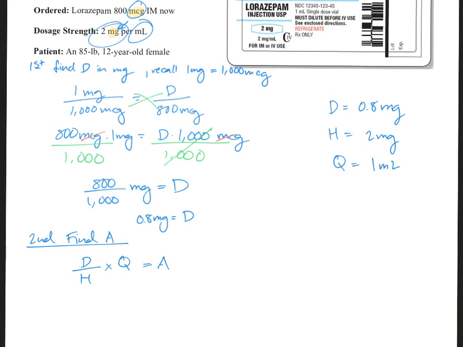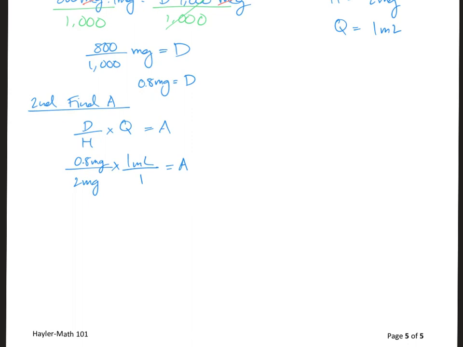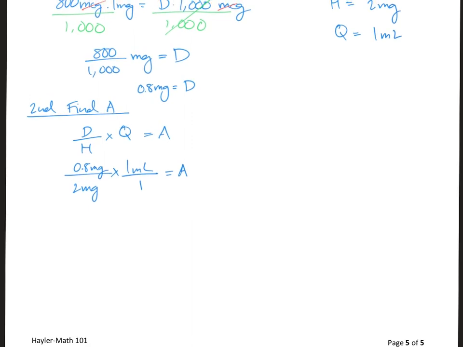Filling this in, we have 0.8 milligrams divided by 2 milligrams times 1 milliliter over 1 equals the amount we want to administer. The milligrams cancel, leaving 0.8 divided by 2 milliliters equals A. Calculating that out, we get 0.4 milliliters equals A.